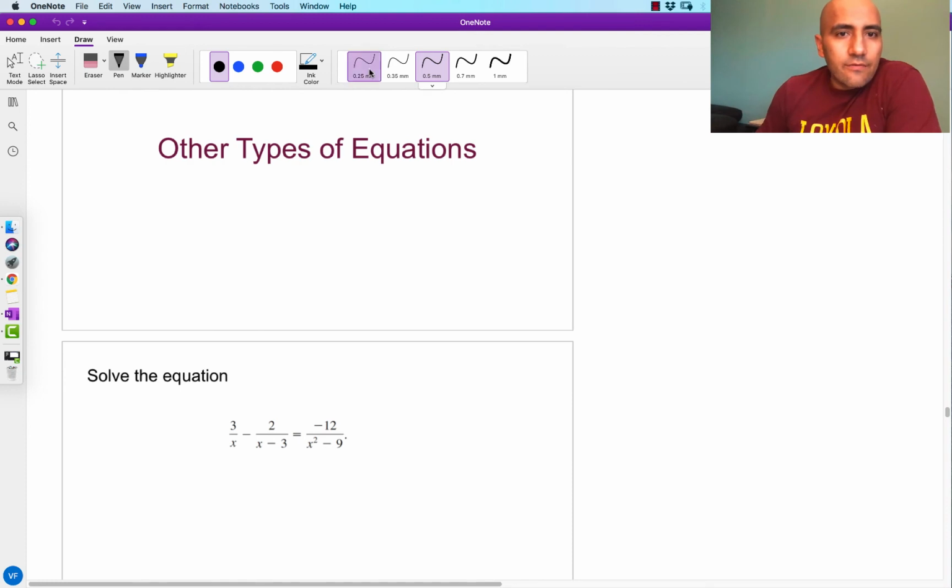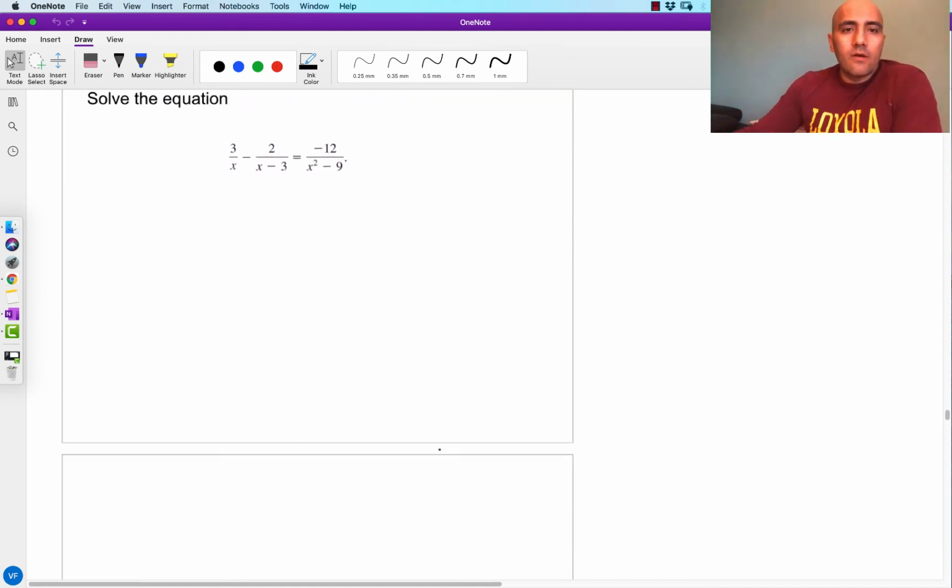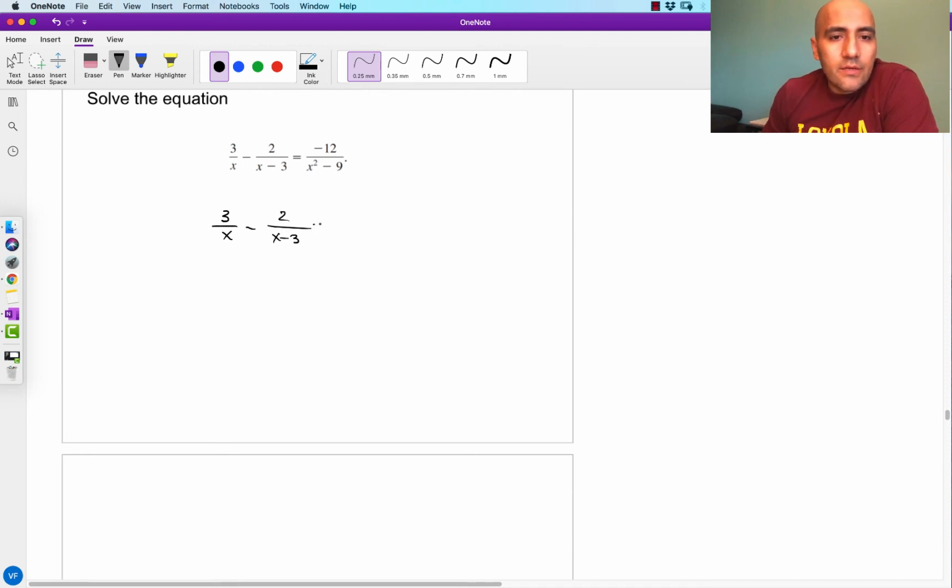Okay, so let's cover a few other variations. Let's say that we wanted to solve this equation. Okay, so what we want to do with something like this is to start off by factoring everything. And the only thing that really needs to be factored is this guy. So I'm just going to rewrite the whole thing. 3/x minus 2/(x minus 3) equals -12.